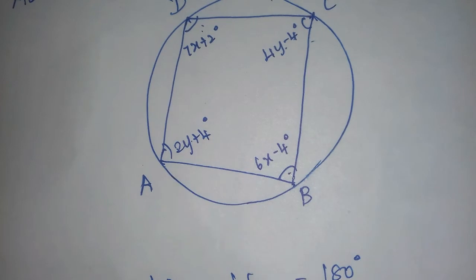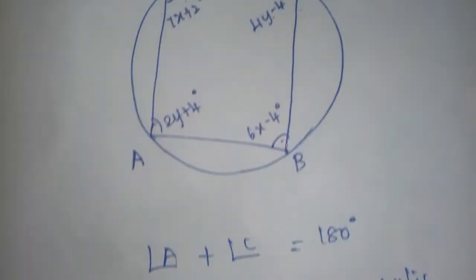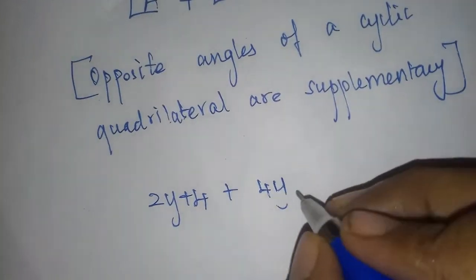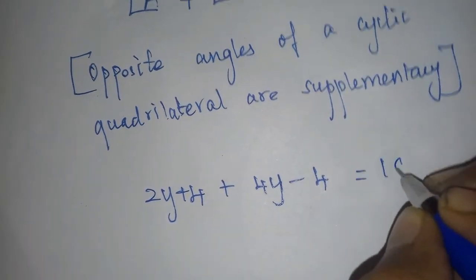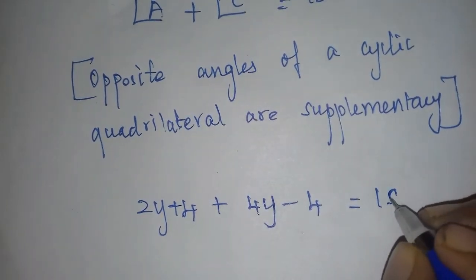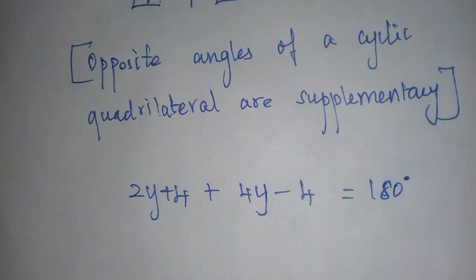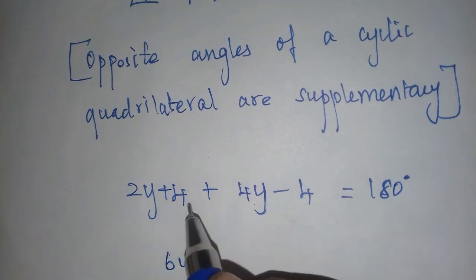Okay. What is angle A? Angle A is 2y plus 4, plus angle C is 4y minus 4. That is equal to 180 degrees. Okay. Now we have to add the variables first. 2y plus 4y, that is 6y, plus 4 minus 4.